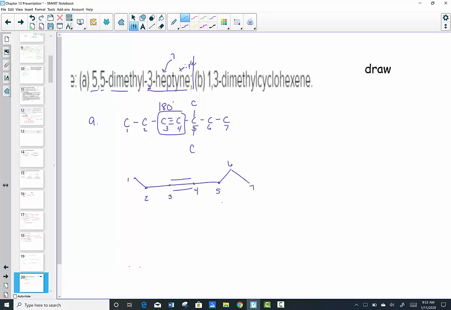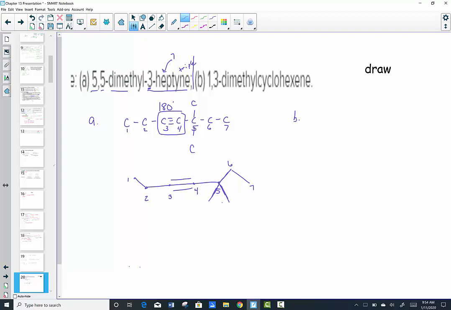And remember that carbon 5 had 2 methyl groups. Since I had carbon 6 coming up and I don't want to squeeze in, I want to ease crowding, I'm going to place the 2 methyl groups coming down off of carbon 5. So there's my linear structure, the skeletal structure, bond line structure of the 5,5-dimethyl-3-heptine. Ooh, cool. Let's try another one.